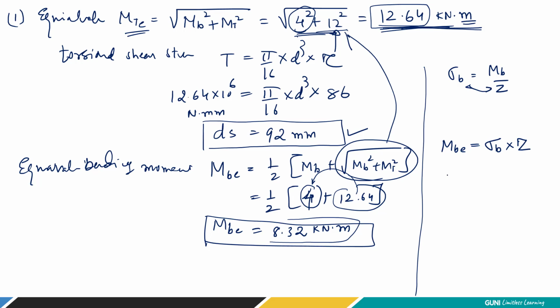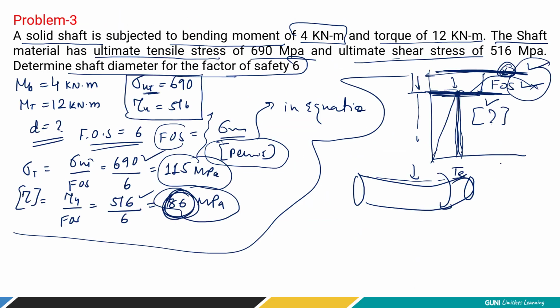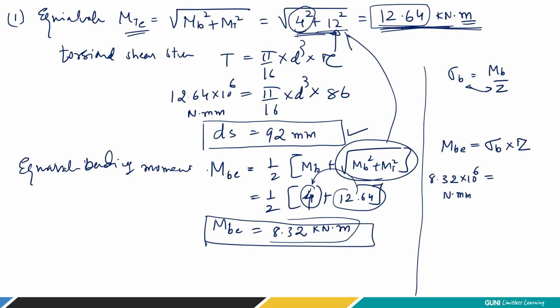Now here we have the equivalent moment, that is 8.32 into 10 raised to 6, to make it into Newton millimeter. Now the bending stress, that is the tensile stress, which we find is 115. So we are going to take 115. Okay. Now what is Z?